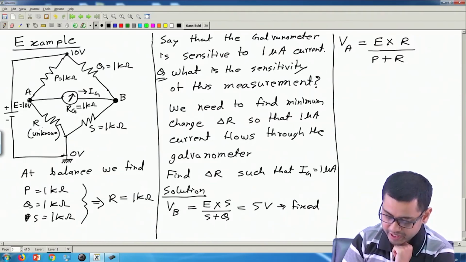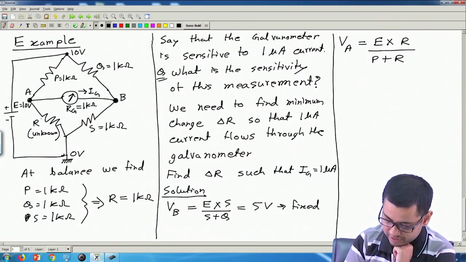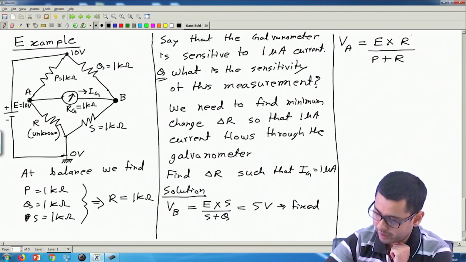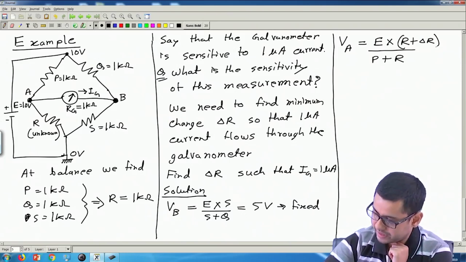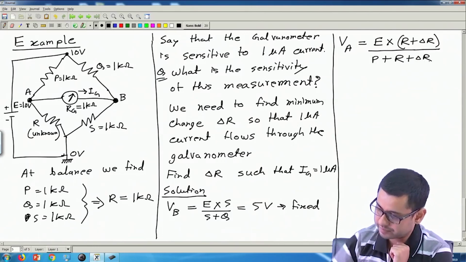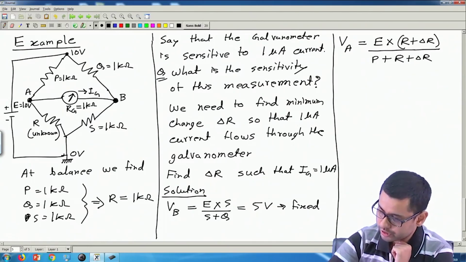Now if R becomes R plus delta R, so R is changed by a small amount, let us write R plus delta R. Here also this will become R plus delta R. So this will be the value of VA.